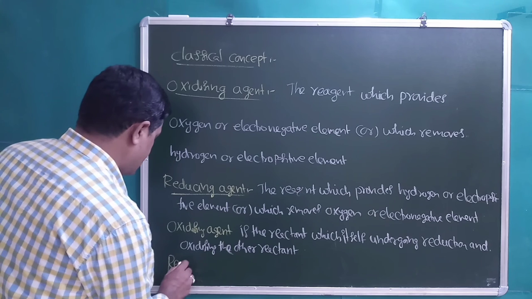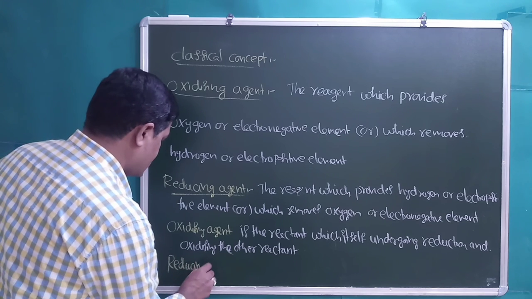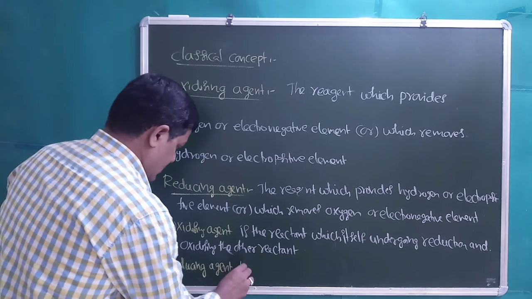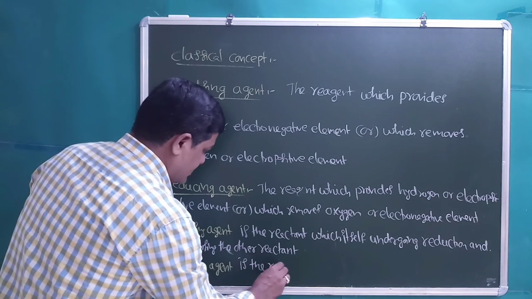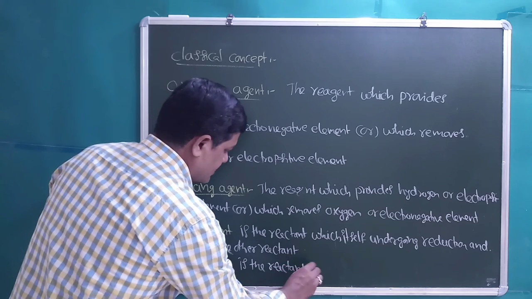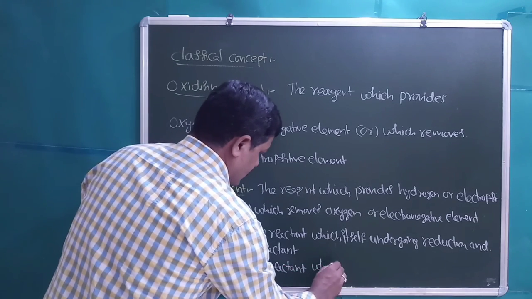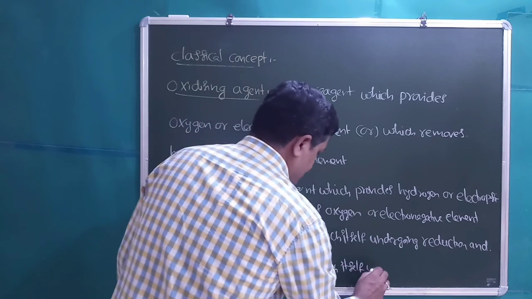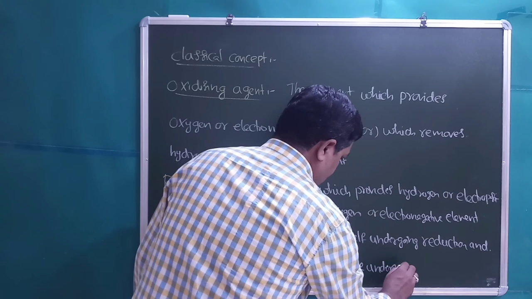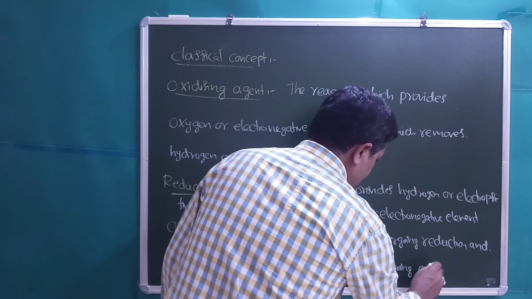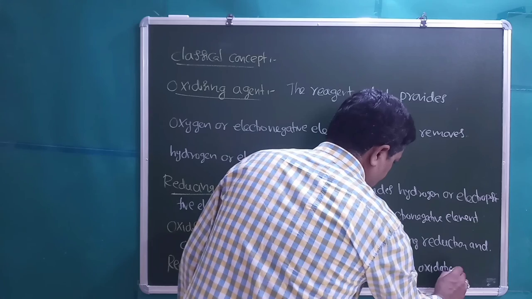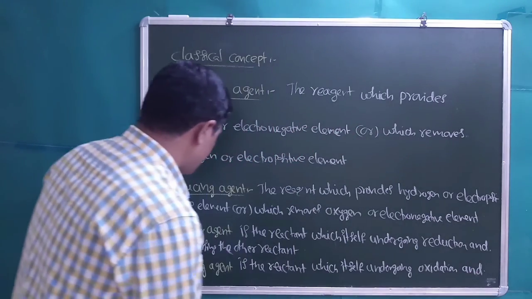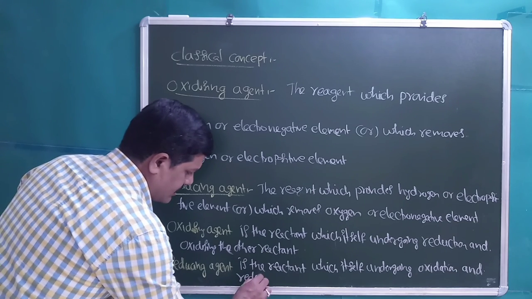Reducing agent itself undergoes oxidation. Reducing agent is a reactant which itself undergoes oxidation and reduces the other reactant.